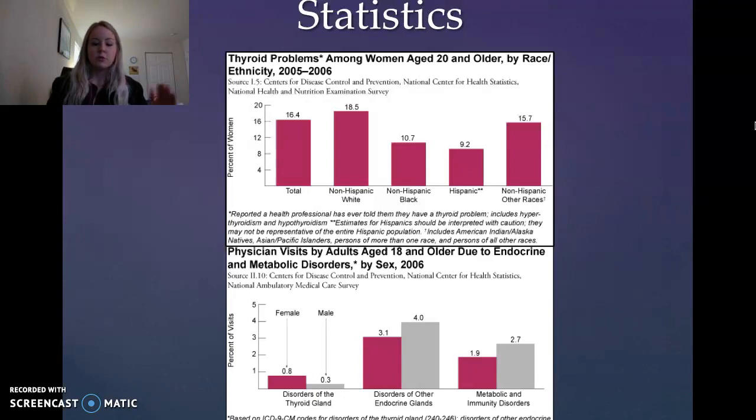Disorders of the endocrine gland are 3.1 and 4.0, pretty equal for the most part. Metabolic and immunity disorders in general are pretty similar too, but both have males as more, while disorders of the thyroid gland have women more. That goes back to the idea that women are more likely to have a thyroid disorder.